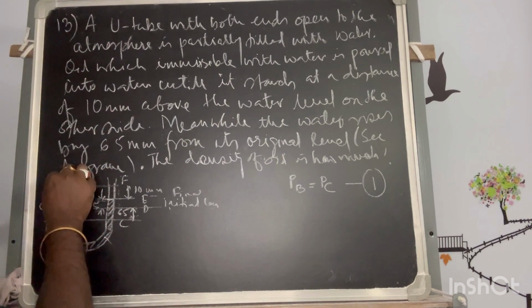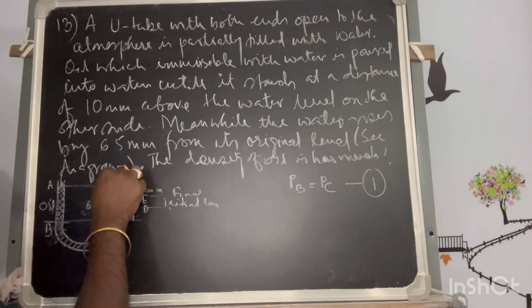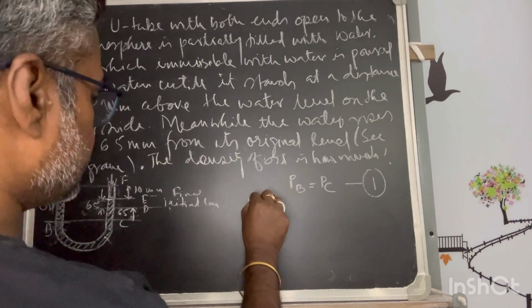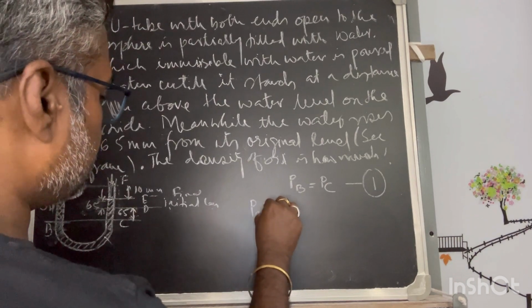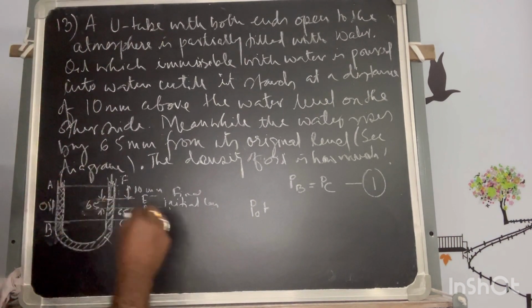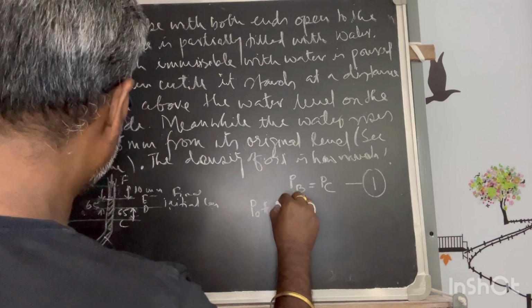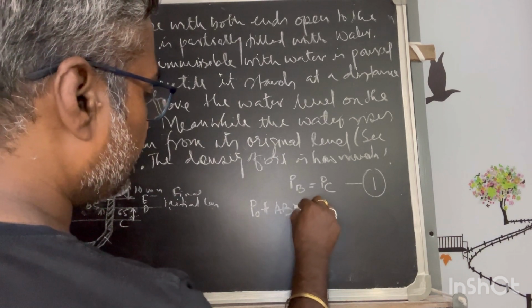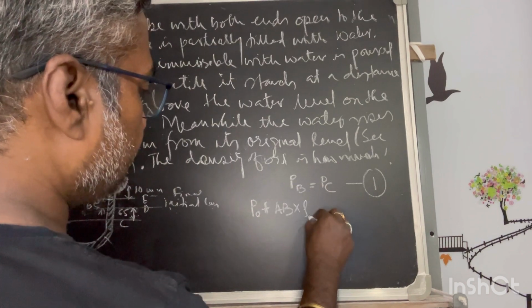Now, apart from this, the rest will be similar. What is that? The atmospheric pressure. It is an open tube. Atmospheric pressure acts on this, so the pressure at B, if I consider it, is atmospheric pressure plus the height of the oil AB into rho of oil into g.